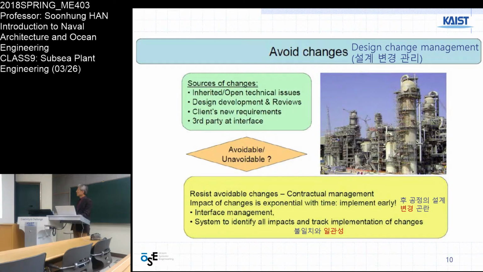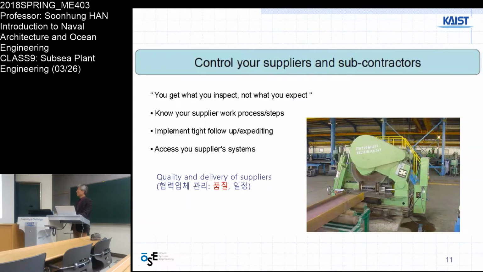It is a must. So I'm not explaining full details, but anyway, there is a source of changes. Suppliers and subcontractors need to have quality, and time of delivery is also important.